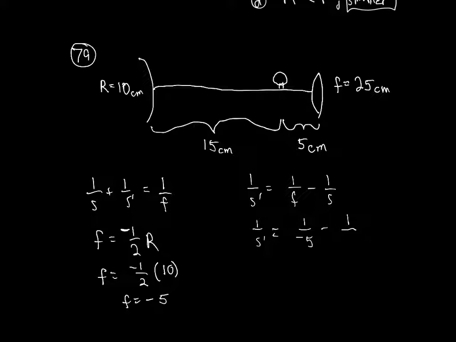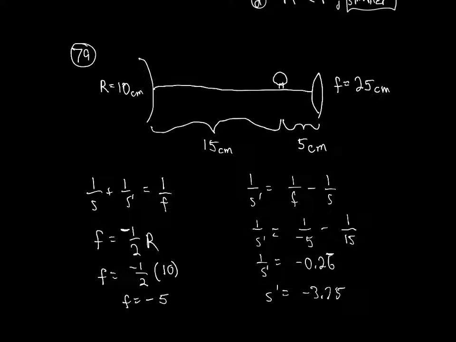The object is 15 centimeters away, so I plug in my 15. So 1 over S prime is going to give me negative 0.26 with the 6 repeating. And then I need to take the reciprocal of that to get negative 3.75. And what I like about this problem is you have to know what that negative means.